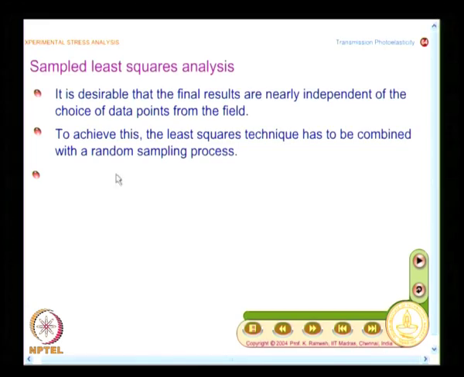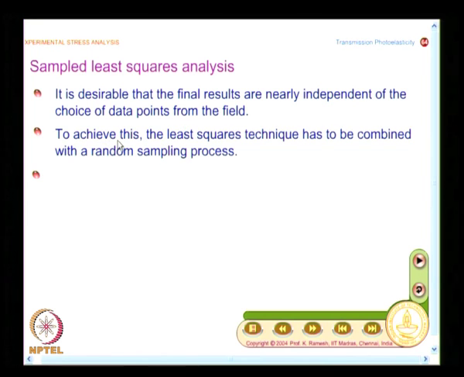So, that is why I call this as sampled least squares analysis, because I want no preferred selection of data points. Any set of data points which I select should yield me one unique value. The focus is the final results are nearly independent of the choice of data points from the field.